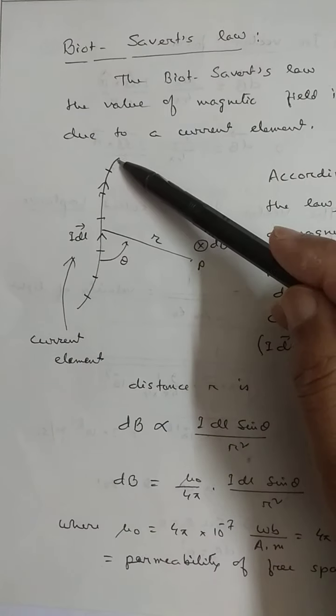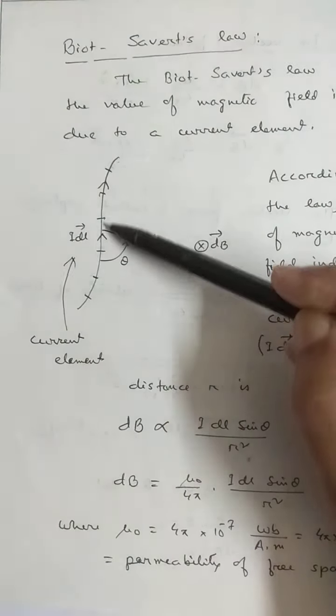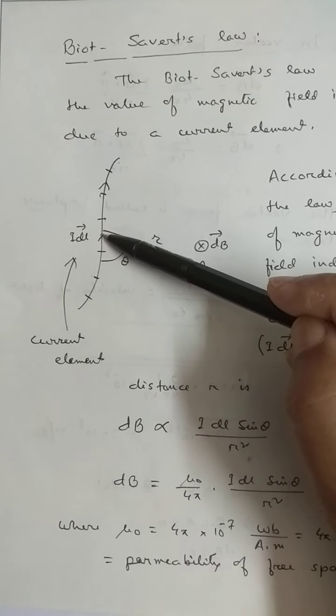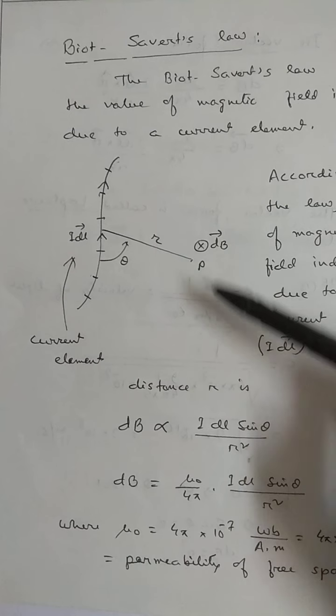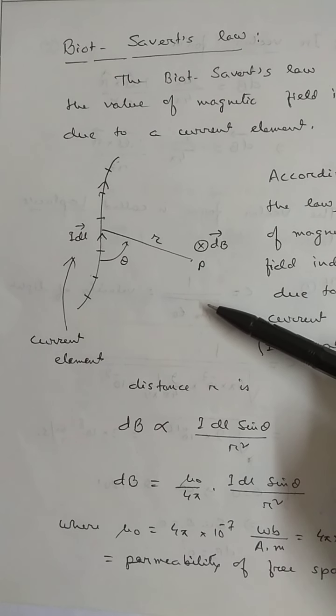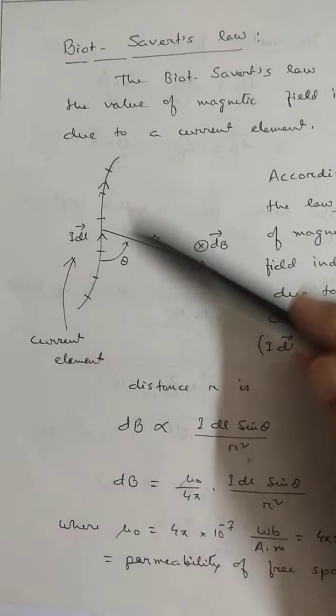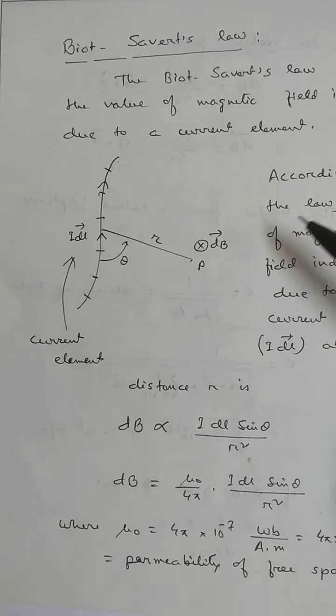This is the conductor through which the current flows. And due to this current carrying conductor, I have to find the magnetic field at a point. We have to find the value of magnetic field induction, or strength of the magnetic field, at a point, and for that I have to use the Biot Savart law.